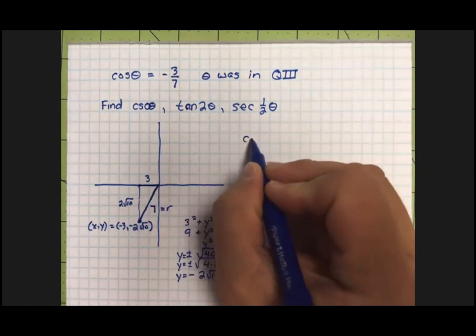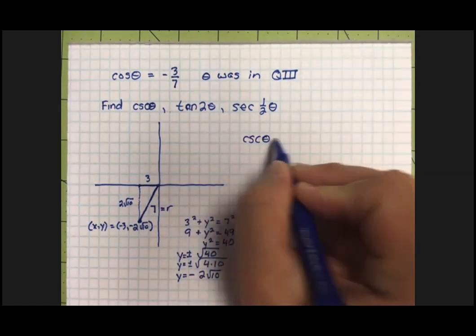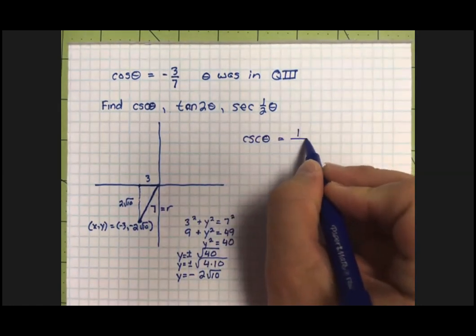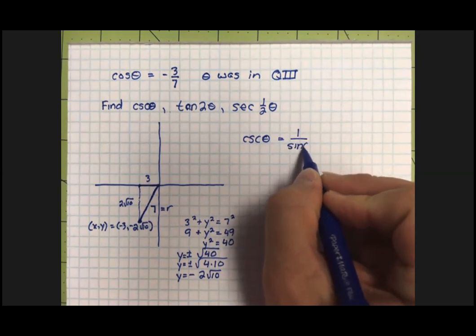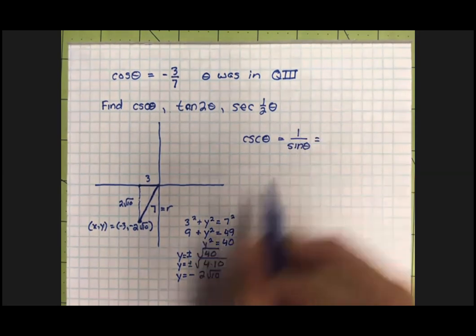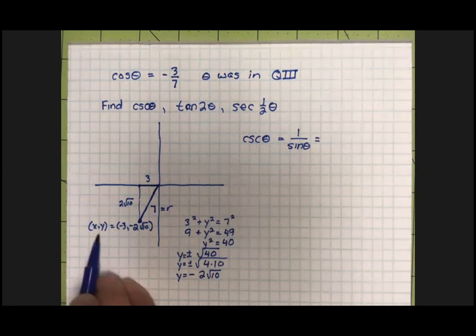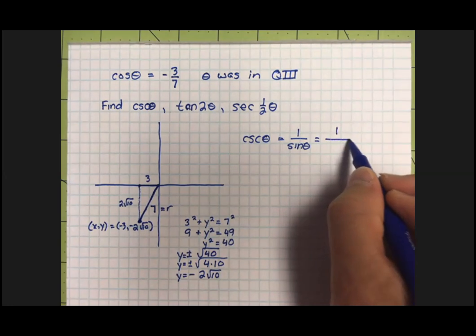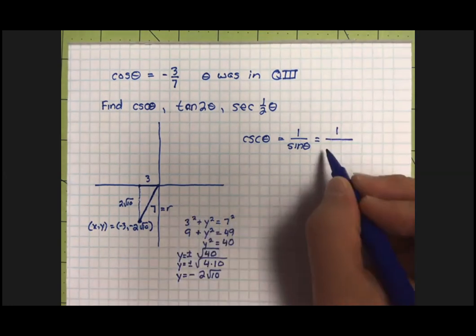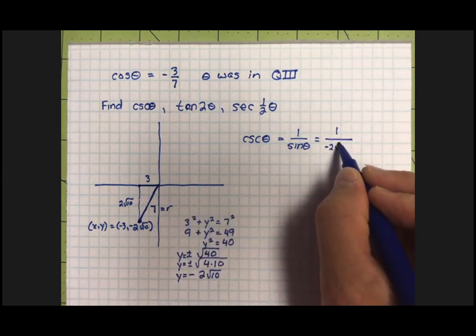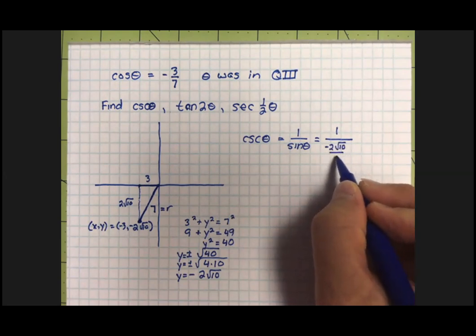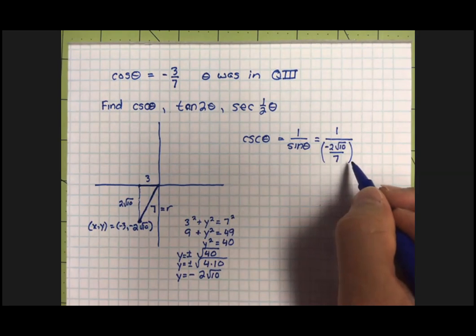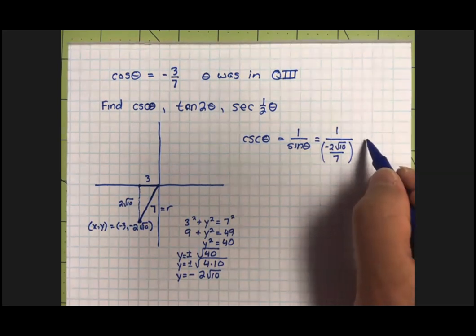What's the cosecant of theta? Well, it's 1 over the sine of theta. And the sine of theta is y over r. So y is minus 2 root 10. R is 7. So to divide by the fraction, I invert and multiply.